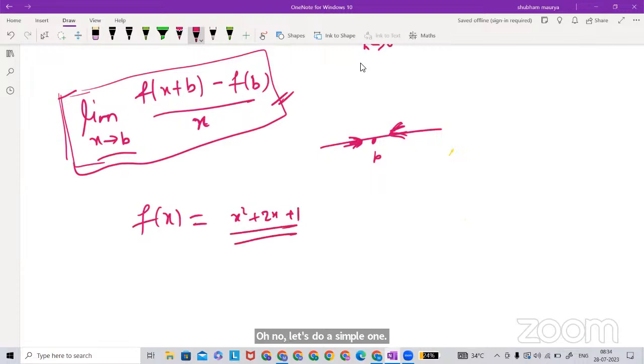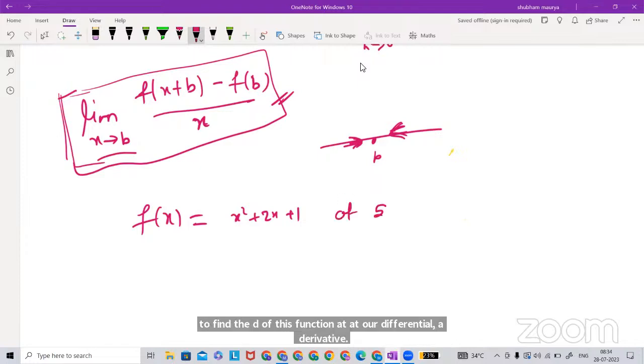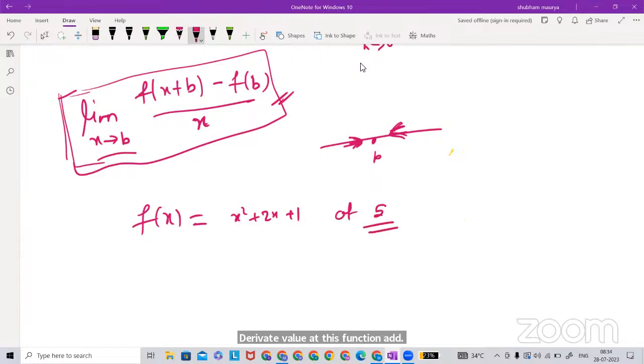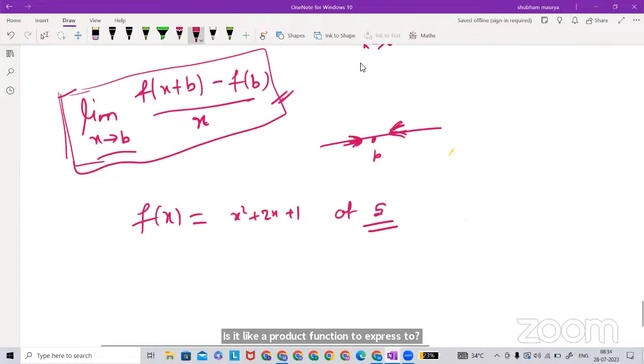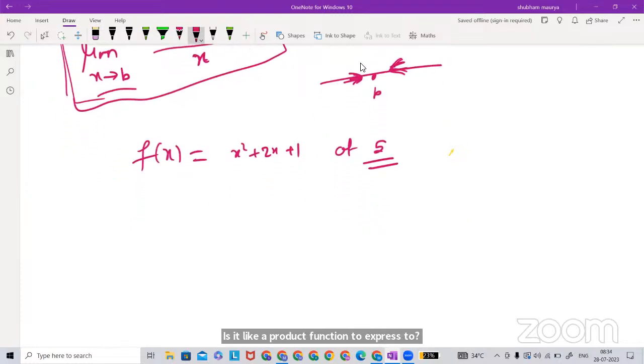We have this function and we want to find the derivative value of this function at 5. So how will we find this? Can you try once? Is it a quadratic function, 2x plus 2? Yes, exactly. Remember that formula. Otherwise, we can also do it with the limit case.